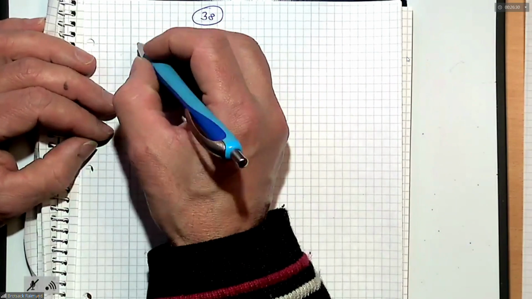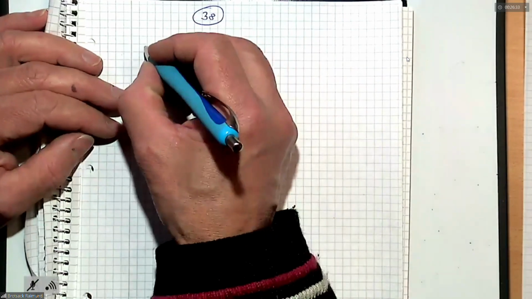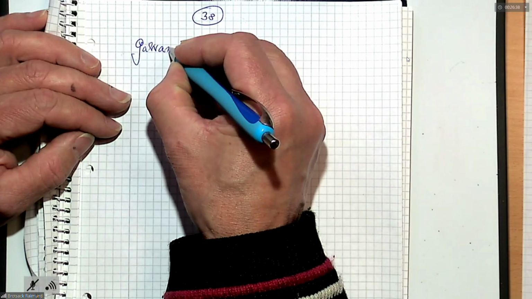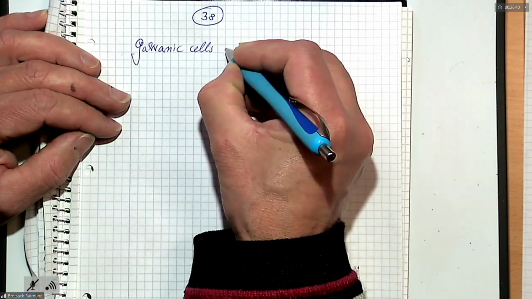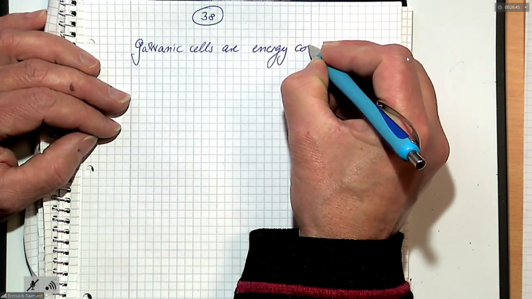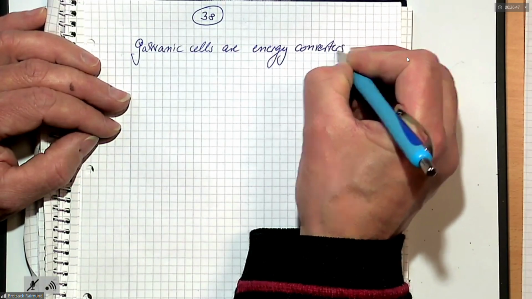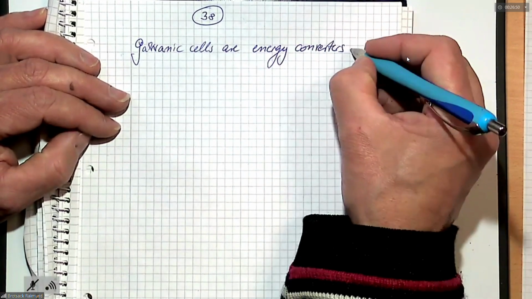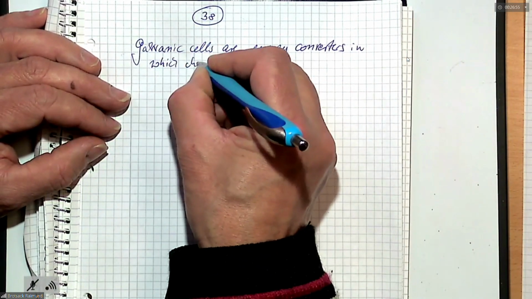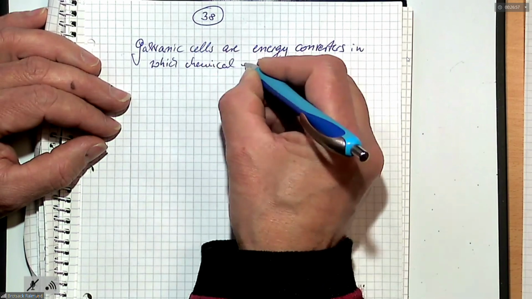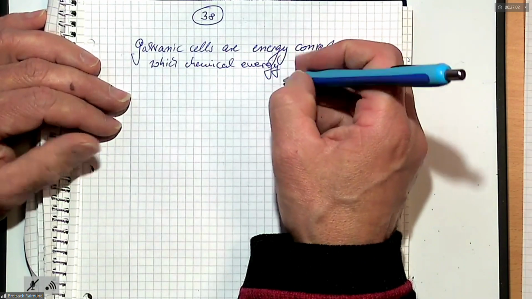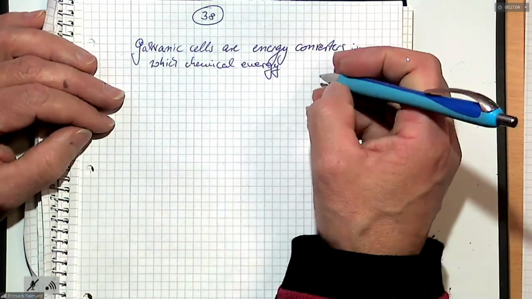So first of all, galvanic cells are energy converters, in which chemical energy is converted directly into electrical energy.